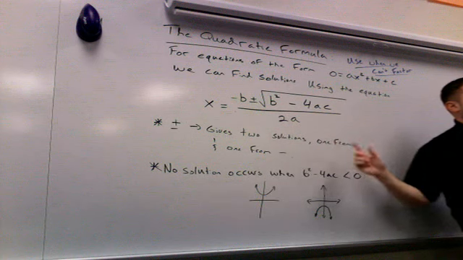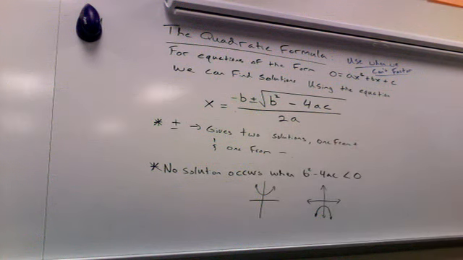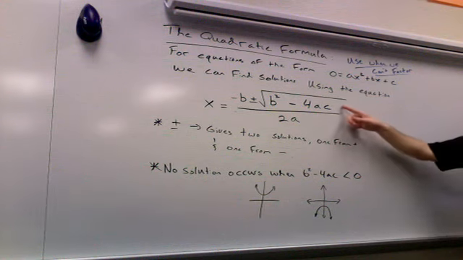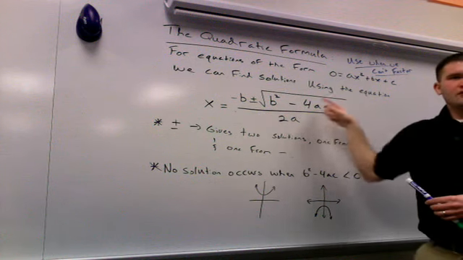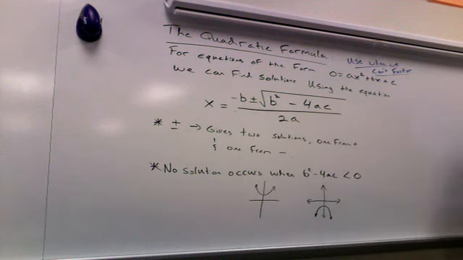And then the last thing. If we look at this equation, there's one part where we can't use every type of number as an input. Which part can't have every type of number? This square root part. Can I square root negatives? No, we can't.